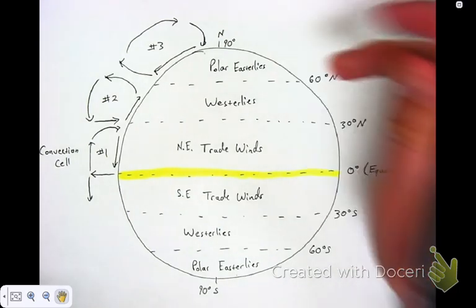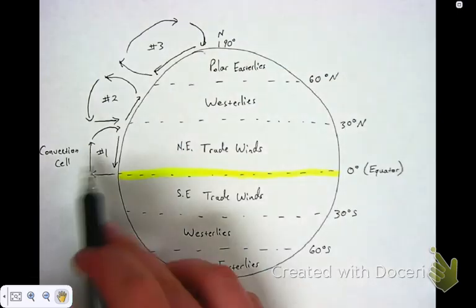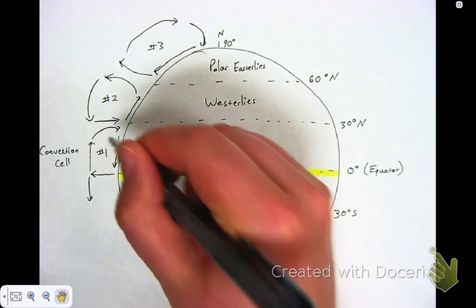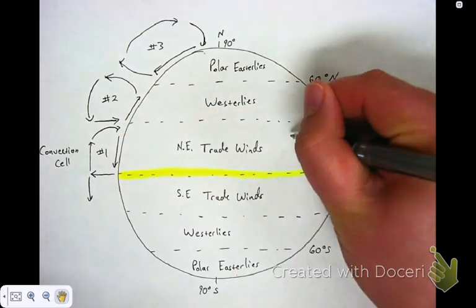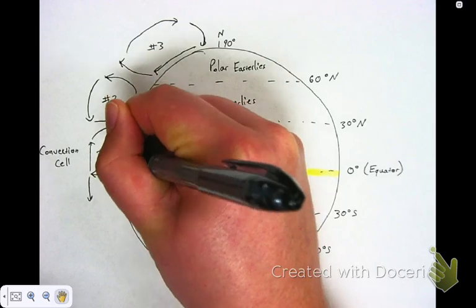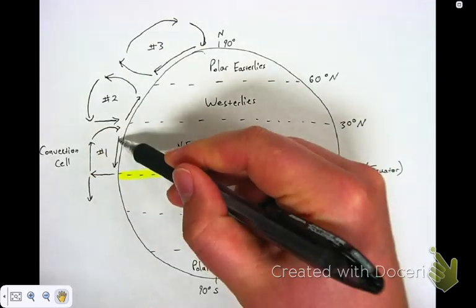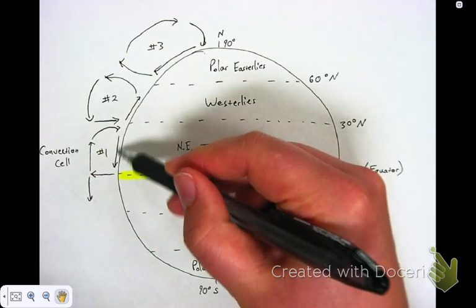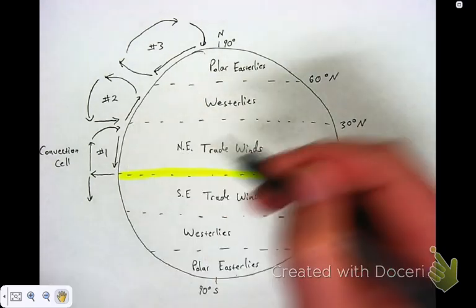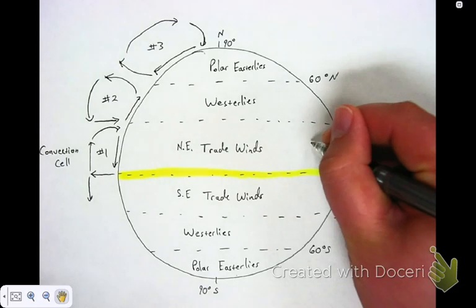Now, remember, we have these convection cells, so the air is moving in a circular pattern. So that still holds true. But what we're going to see is that when it's moving along the surface of the Earth right here, it's not moving in a straight line. Remember, because of the Coriolis effect, that line is actually curved, and we said that in the northern hemisphere, it's curved to the right.